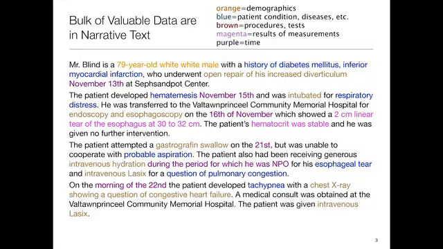And then he developed hematemesis, so he was spitting up blood, and was intubated for respiratory distress, so he wasn't breathing well. So these are all really important things about what happened to Mr. Blind. And so we'd like to be able to take advantage of this.